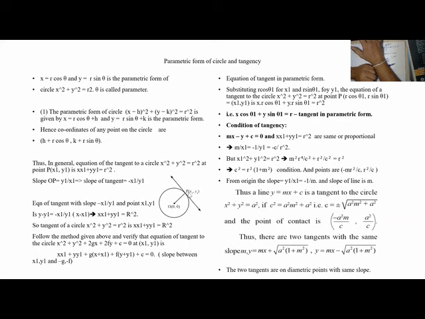That is the tangent. We have to convert a quadratic into a linear equation. A linear equation is a line, and a quadratic is a circle or a curve. So x into x1 plus y into y1 is equal to r square is the tangent to this circle at a point P x1, y1.